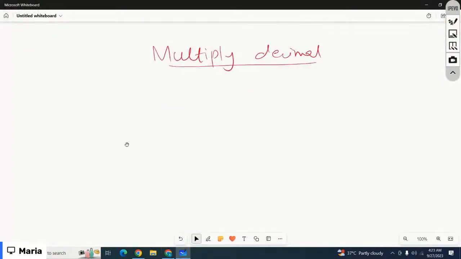5.49 divided by 3. Okay, let's just divide without decimal, right? Long division method you have to use. 3 times 1 is 3. 5 take away 3 is 2.